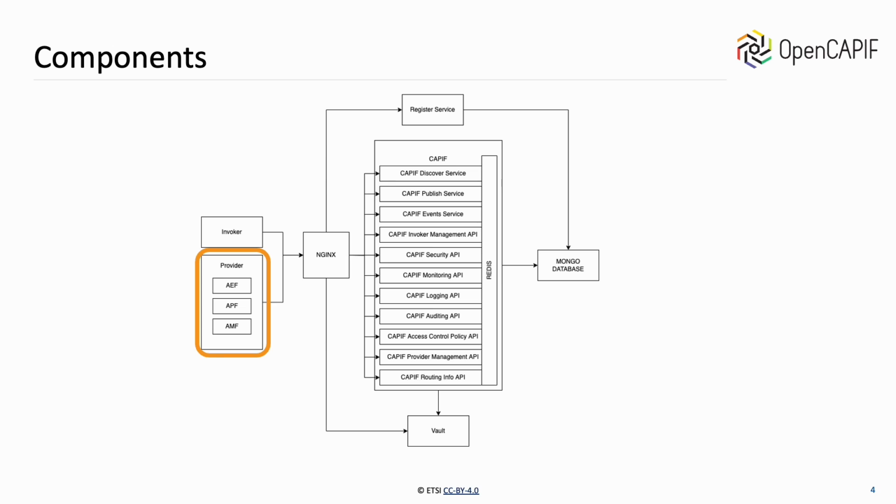The API exposing function, or AEF, is in charge of exposing the different services that are registered in CAPIF. The API publishing function, or APF, is in charge of publishing the different services. And the API management function, or AMF, manages the provider, updating or deleting it, for example.